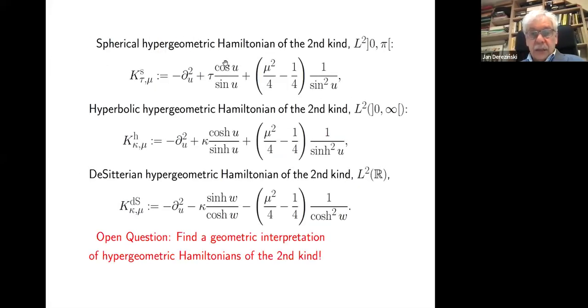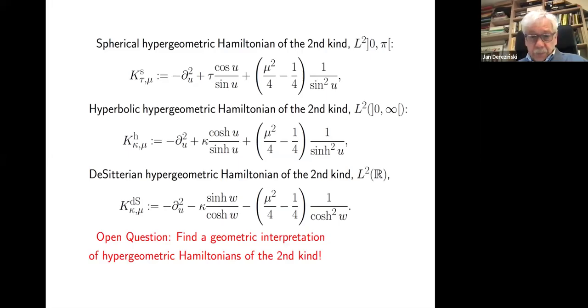So you see that here there is a cotangent, here you have again a cotangent hyperbolic, and here you have tangent hyperbolic. So these are additional potentials added to the Gegenbauer Hamiltonians.